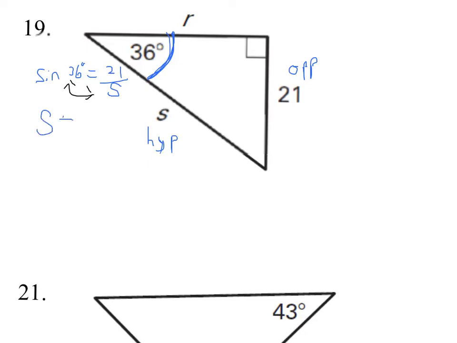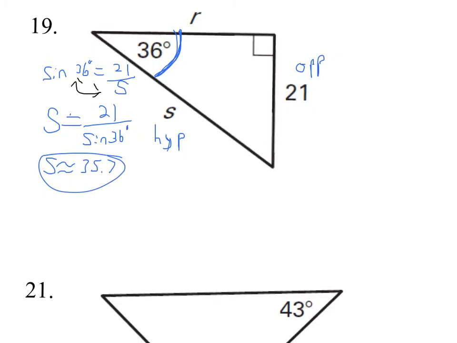S will now be by itself, and it will equal 21 divided by sine of 36 degrees. All right? And so you just type that in. We can talk about why that works, but first thing to know is just that it does work, and it's a very convenient shortcut. I get 35.7, so side S is approximately 35.7.